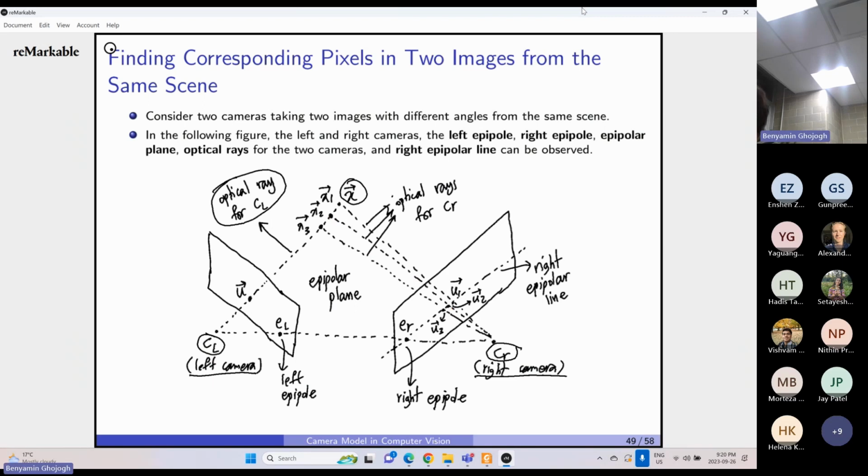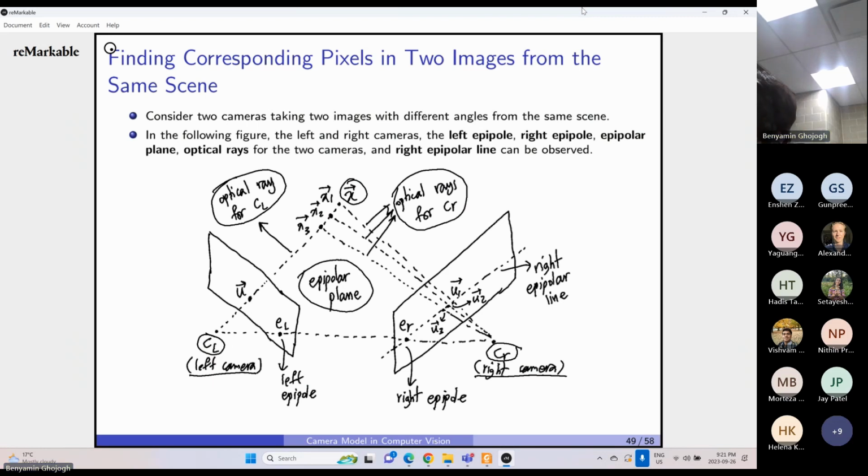It gives you optical rays for the right camera. Agreed? And all of these optical rays of the right camera and the optical ray of the left camera lie on some plane, right? They are on some plane. We call it the epipolar plane. This plane.